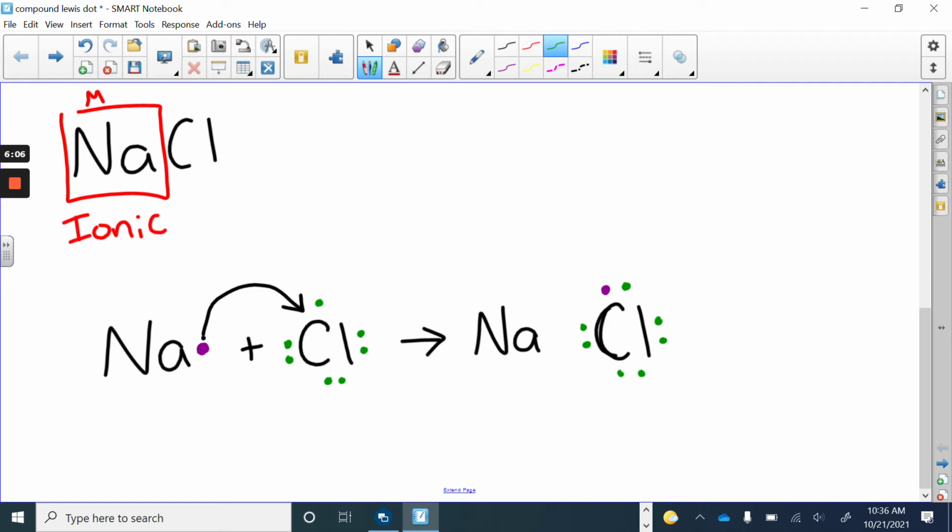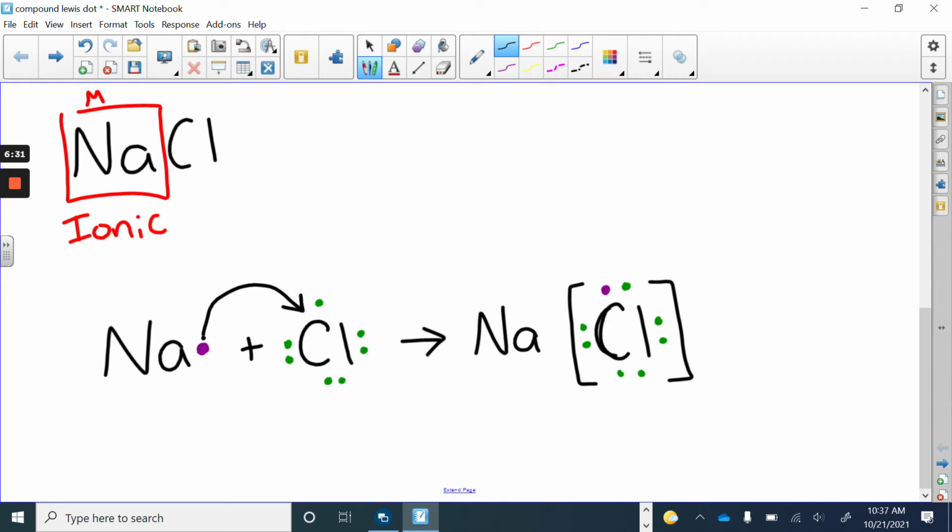Now, we are not finished yet. In order to show that we are not sharing any electrons, we need to put brackets around the element that has all the valence electrons. So that would be our nonmetal. And then we need to go ahead and add the charges that are going to be formed.